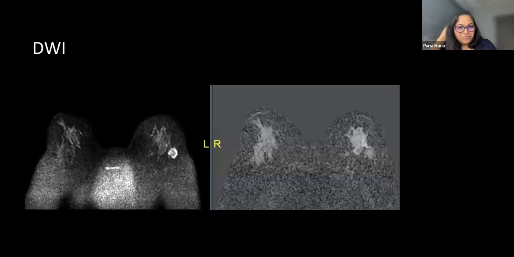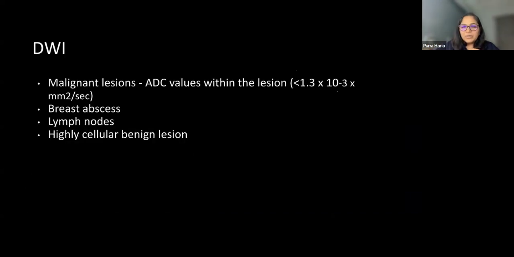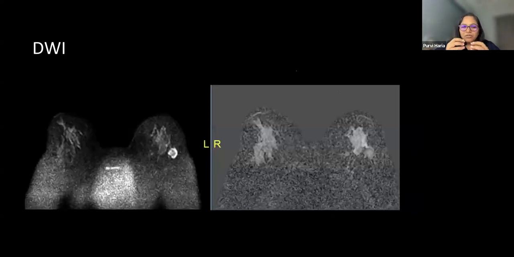Then let's move on to diffusion. Diffusion-weighted imaging is a different kind of sequence. Every cell in our body has protons, like hydrogen, inside, and this hydrogen atom moves freely between the cells and in the surrounding interstitial fluid.